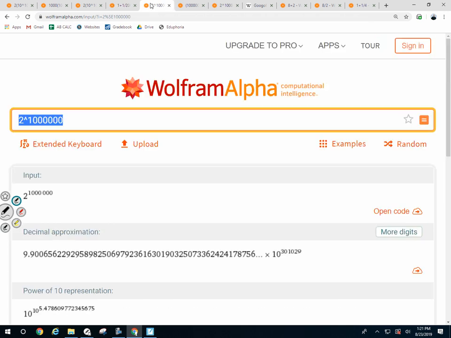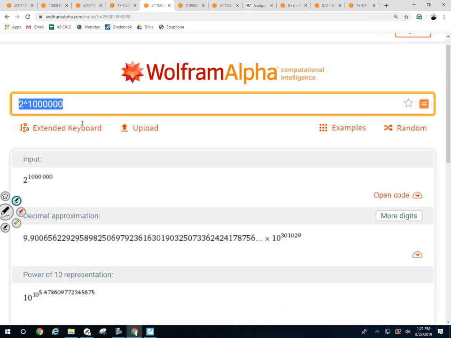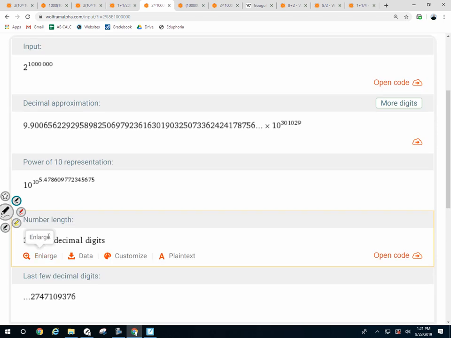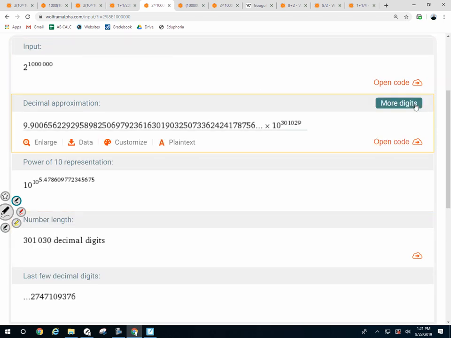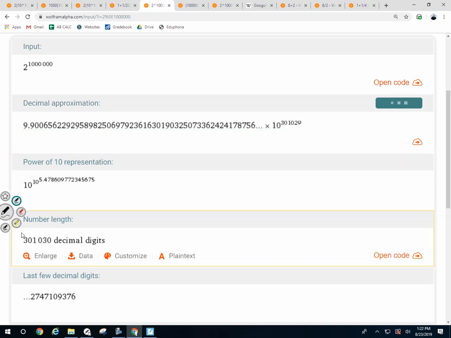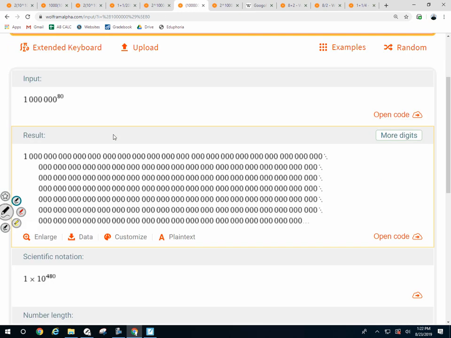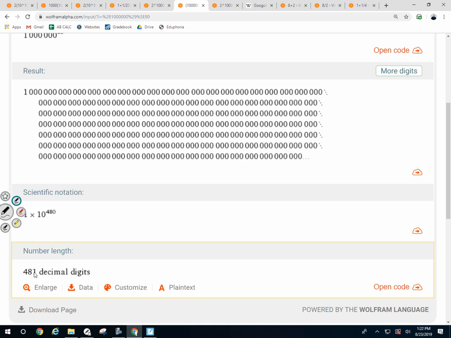All right, good. Here's 2 to the millionth. It is 301,000 digits long. It's got so many digits that it has no chance of showing it on this screen. Okay? 301,000 digits long. Whereas 1,000,000 to the 80th power, big number, sure, but it's only 481 digits long.